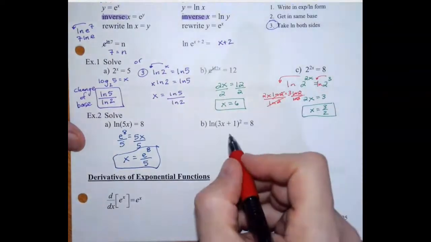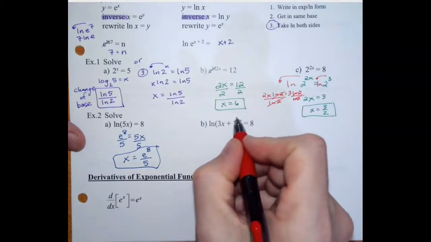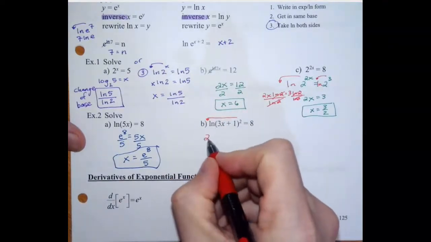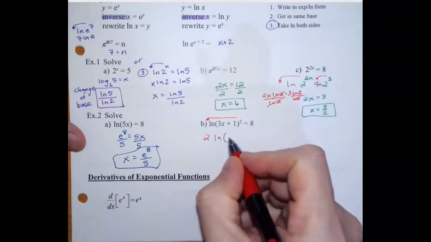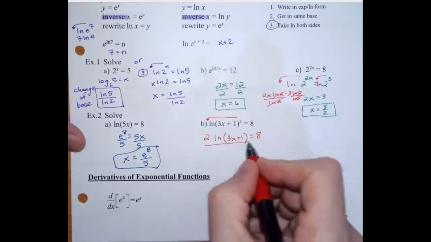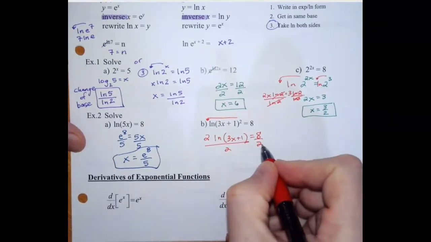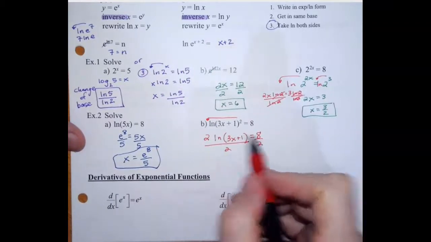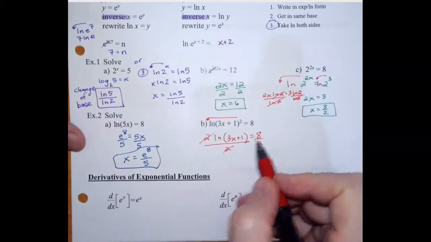And then finally here, we could bring down the exponent, properties of exponents. So that's going to be 2 natural log of 3x plus 1 equals 8. Divide both sides by 2. So we're going to have the natural log of this equals 4.